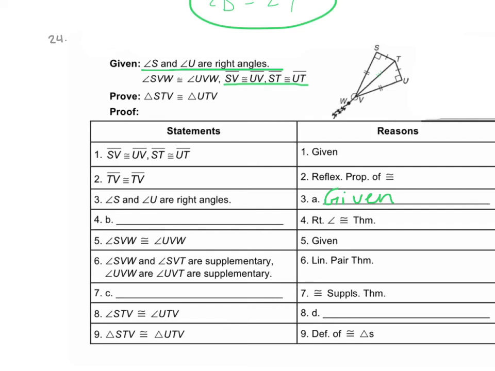Our reason for step 4 says that we're going to use the right angle congruence theorem. Does anyone know what the right angle congruence theorem is? If you have right angles, then they're congruent. So we have two right angles. What do we know about angle S and angle U? They're congruent. So we can say angle S is congruent to angle U.